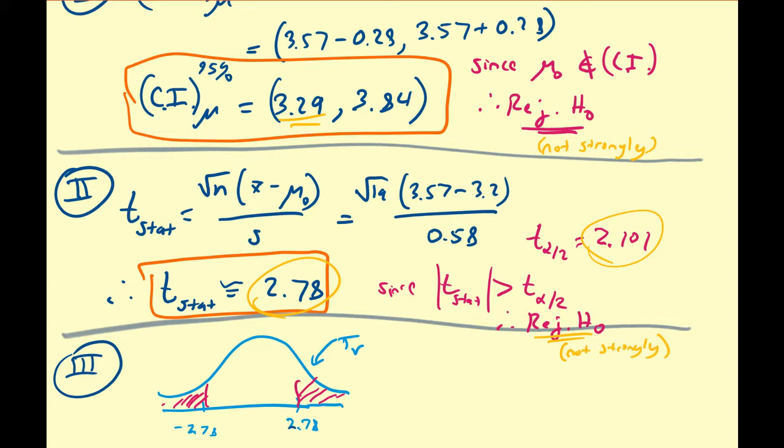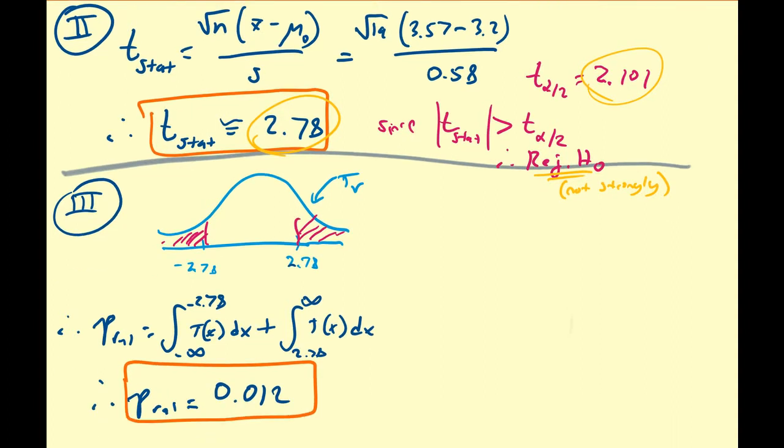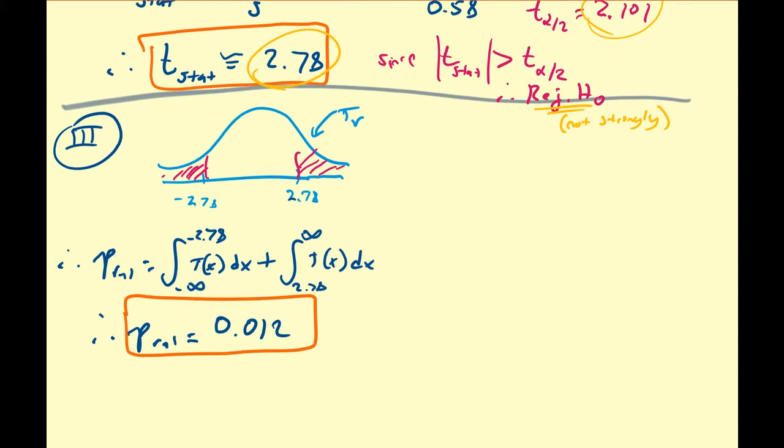Notice that this confidence interval approach and this test statistic approach are giving pretty much the exact same conclusions and interpretations. So this is our p-value approach. Recall that the level of confidence for this is equal to 0.95, and that means this level of alpha is equal to 0.050.